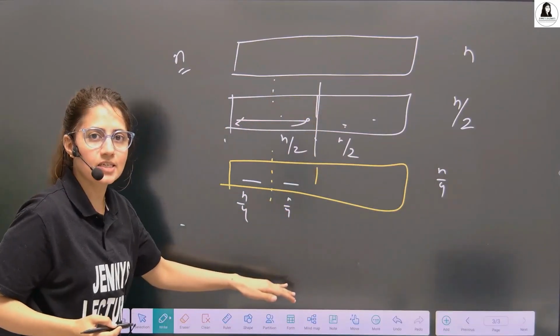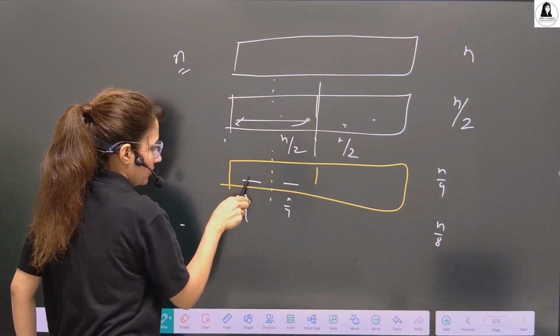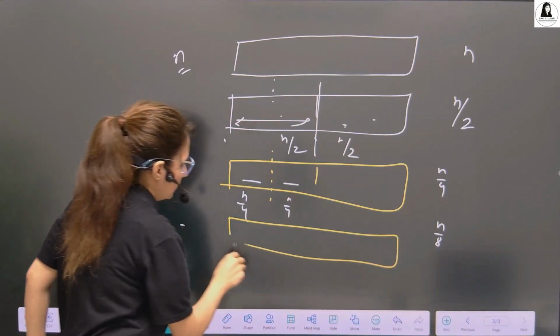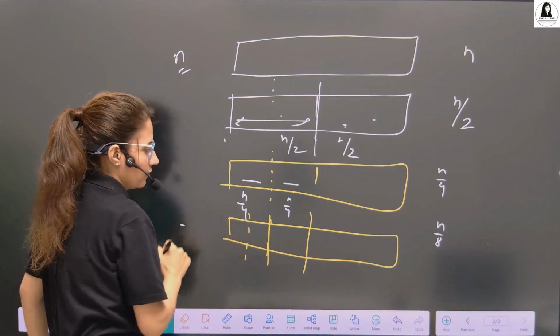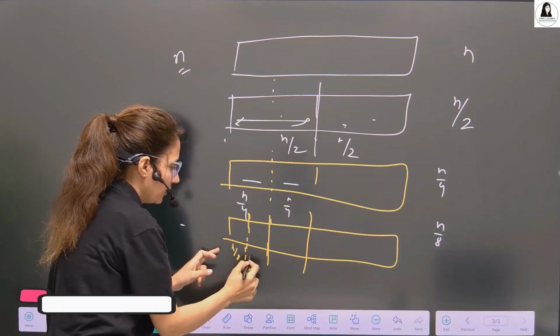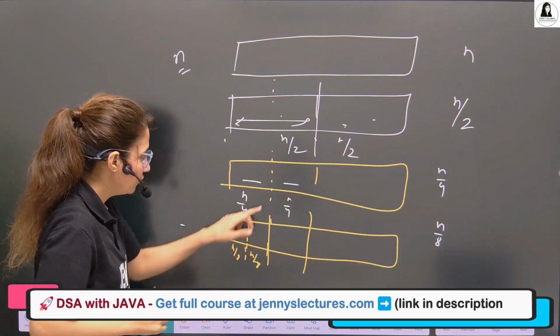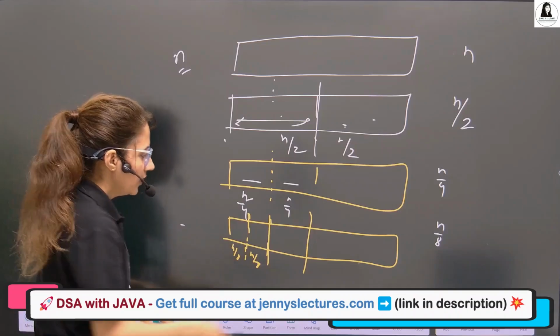And in the next step, it becomes n by 8, because again we divide this into half. N by 4 divided by 2 is n by 8. Like this we are going.